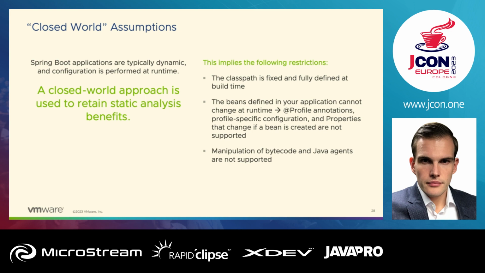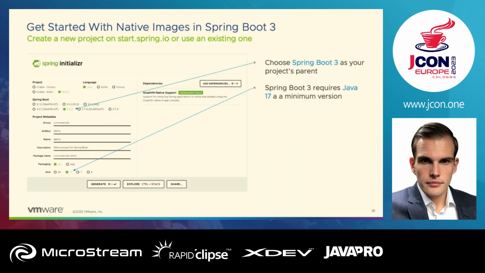And it's also not possible to manipulate the bytecode, and Java agents are also not supported. So think about whether it's really valuable to you, and then see how you have to modify your application so that it really works as a native image.